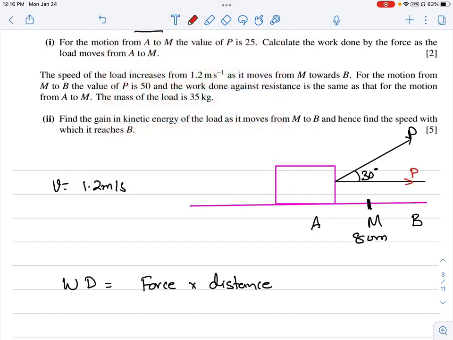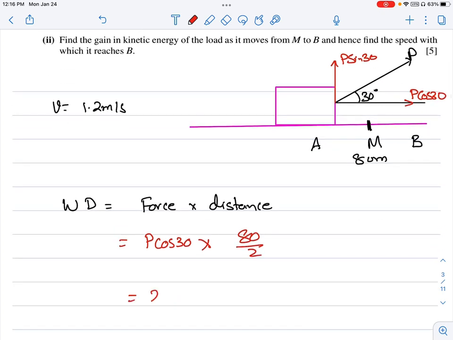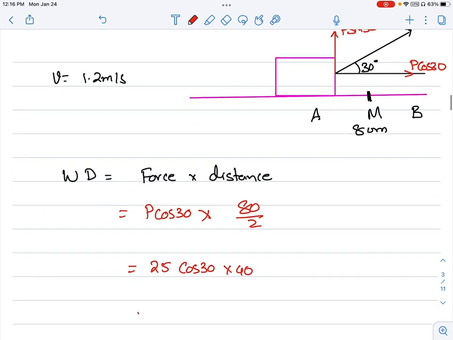The forward force will be P cos 30, the horizontal one, and the vertical one will be P sin 30. So it is moving because of P cos 30. And the distance is halfway, therefore 80 divided by 2, which is 40. Now P is given as 25, so 25 cosine 30 times 40. Simplify this one. This is going to give you 866 joules.